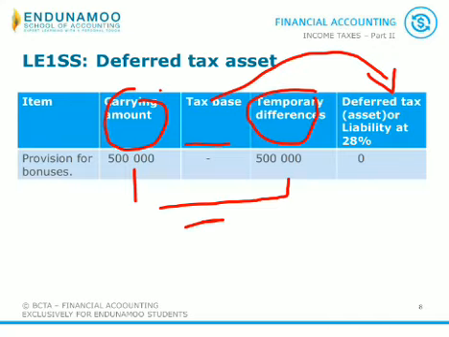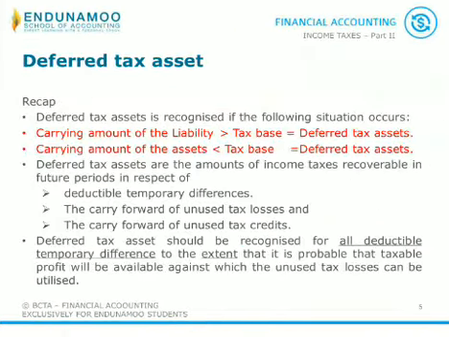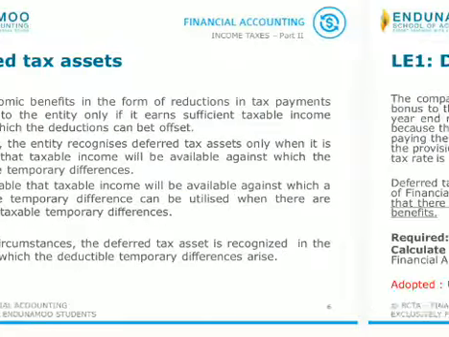So let's go back to our rules: where the carrying amount of the liability, which was 500,000, is greater than our tax base, which was sitting at 0, then we are going to land at a deferred tax asset.